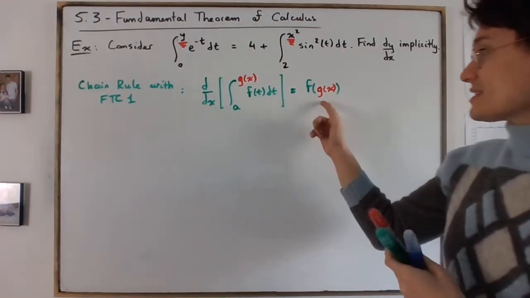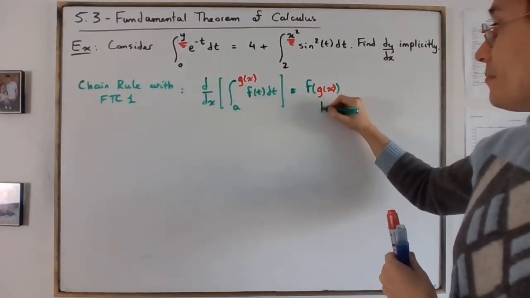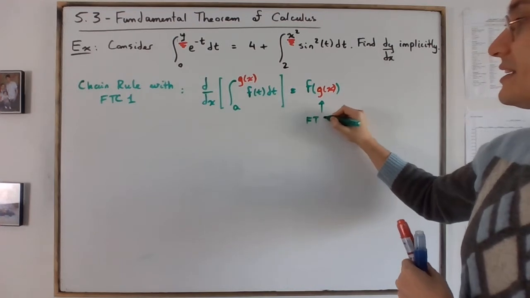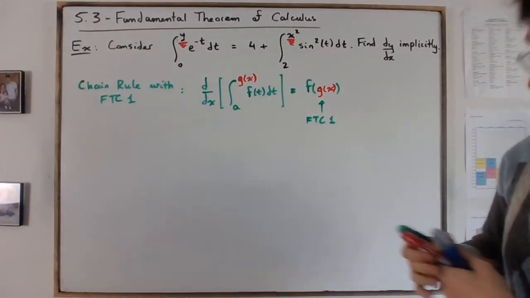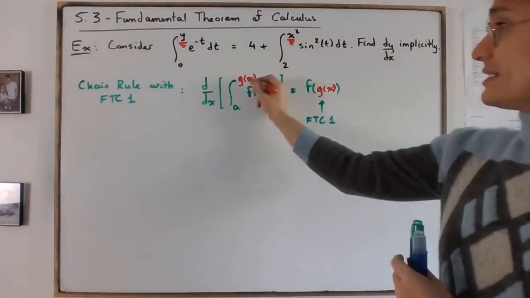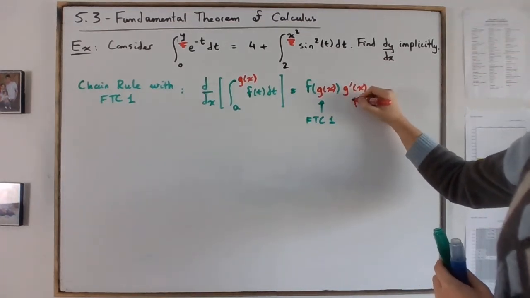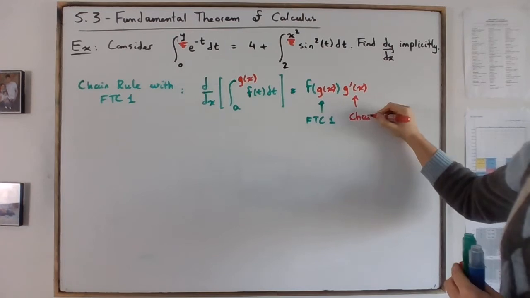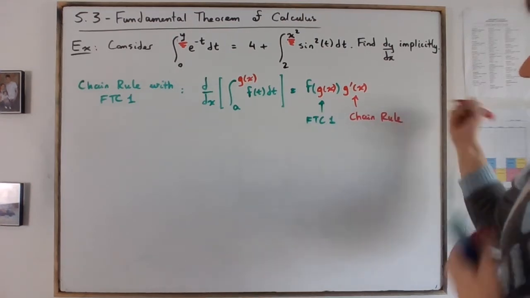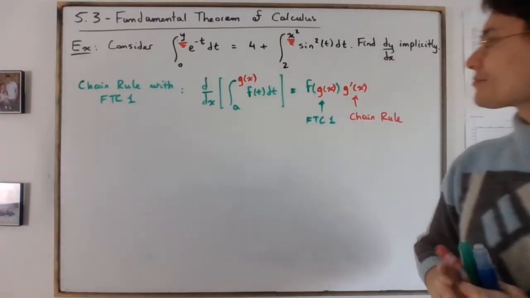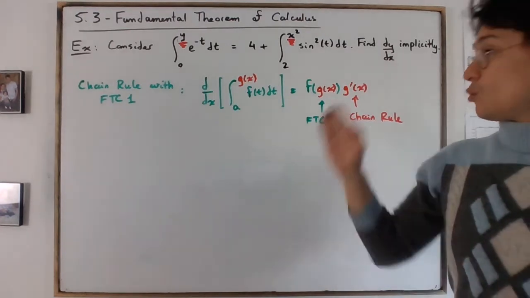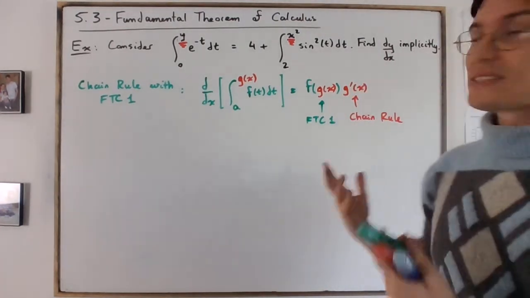This is the FTC1 part. But then, thanks to the chain rule, this is an inside function, so you'll have g prime of x. This is the chain rule. That's how it works. With that in mind, let's actually solve the problem.